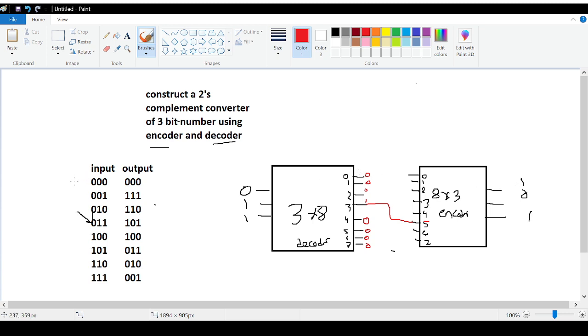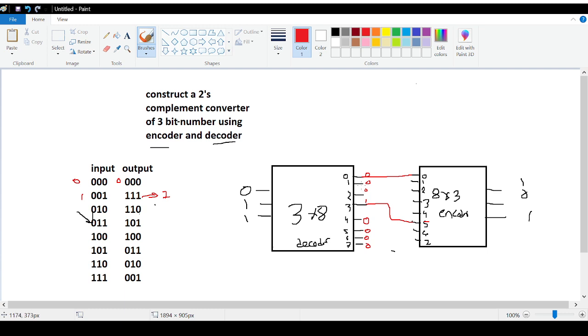If my input is 0, my output should be 0, right? So 0 will be connected with 0. And if my input is 1, my combination will correspond to which decimal number? 7.